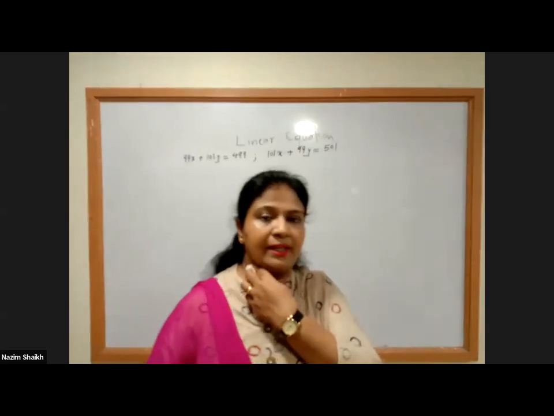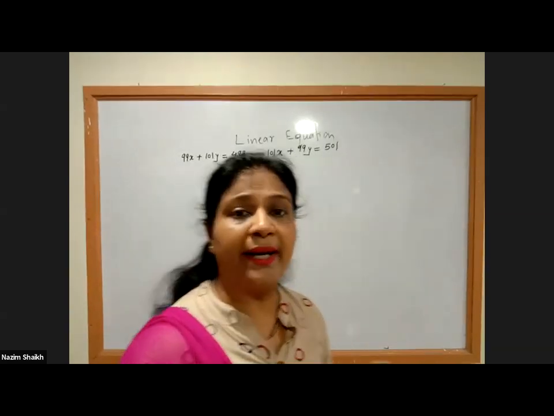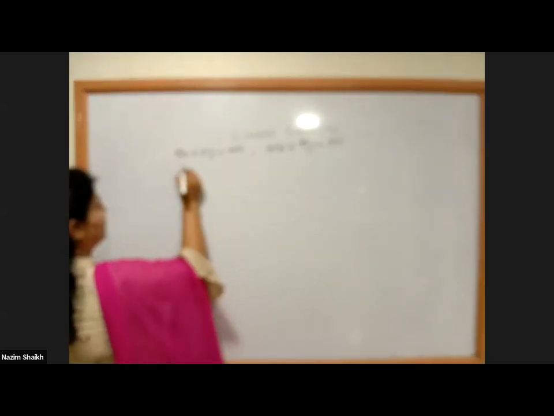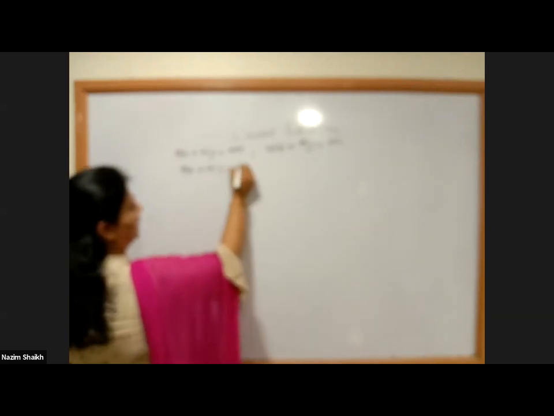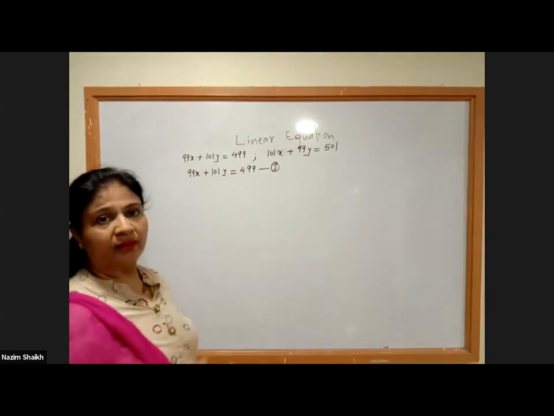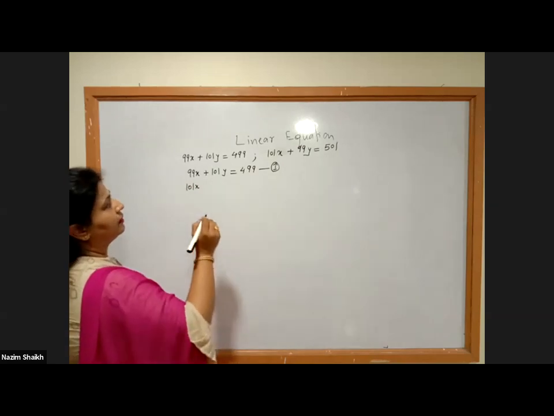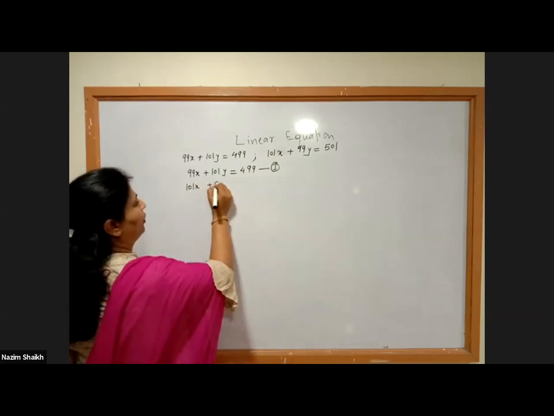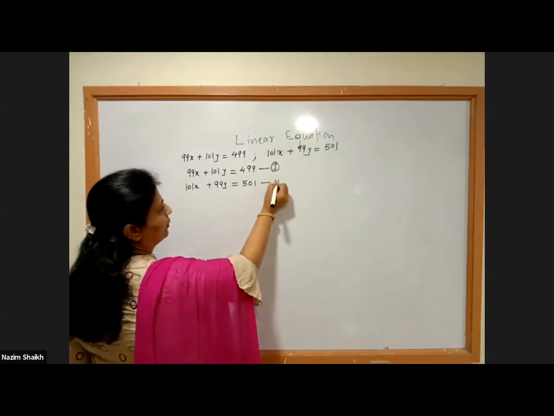Very easy method. As usual, pick up the two equations, label them as 1 and 2. So 99x plus 101y equals 499 is your equation number 1, and 101x plus 99y is equal to 501 is your equation number 2.